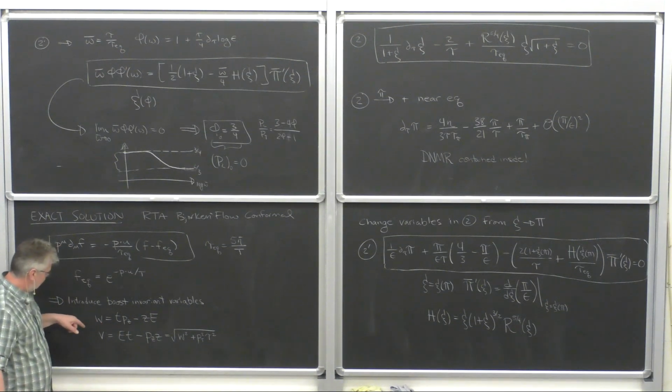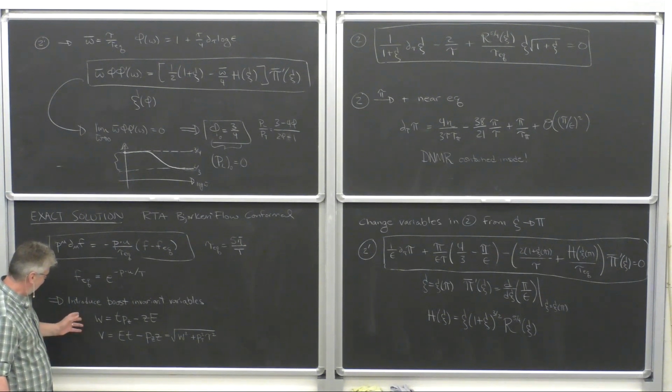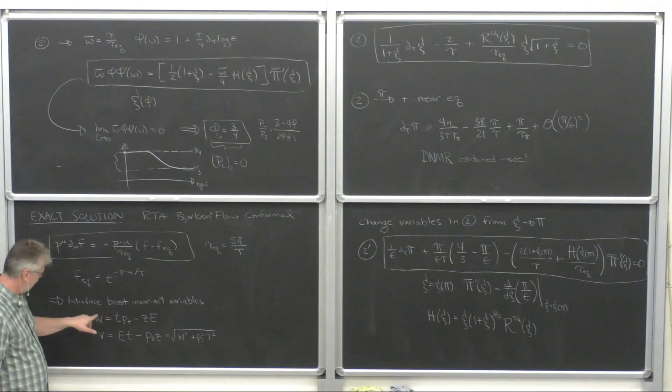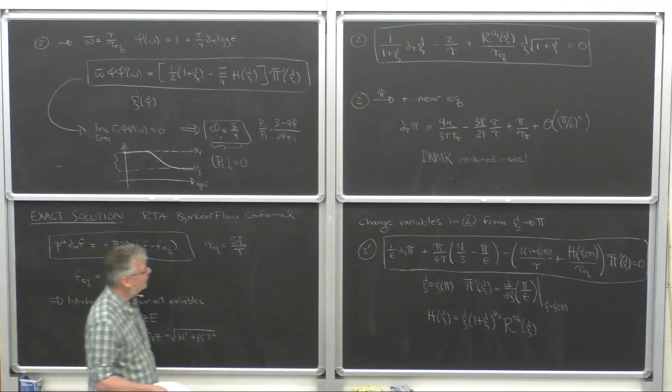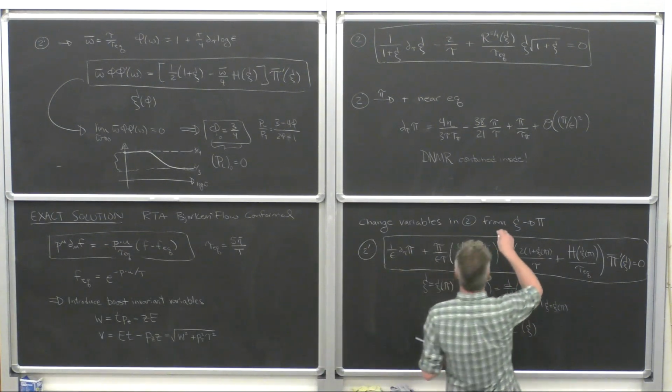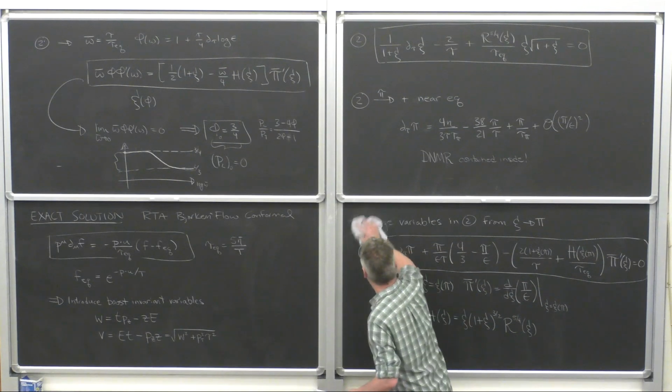These things are manifestly boost invariant. If you boost both the momentum and the space-time variables appropriately, you'll find that they're completely unaffected by boosts. So they're a good starting point for a boost invariant problem.